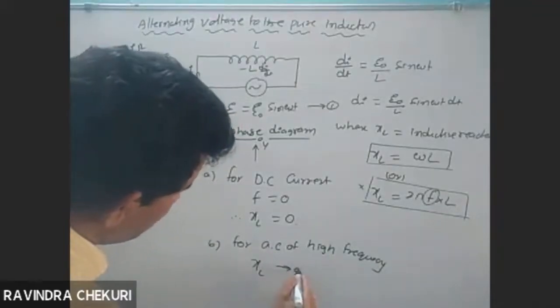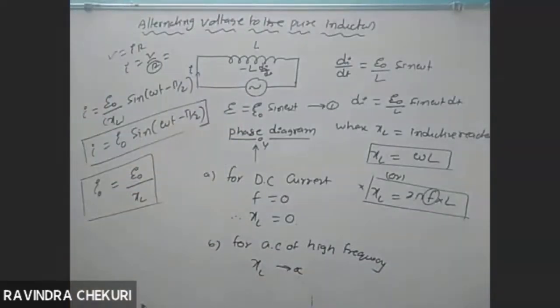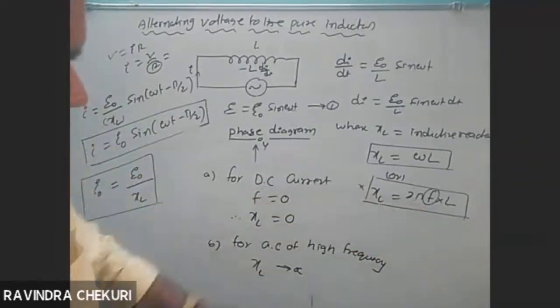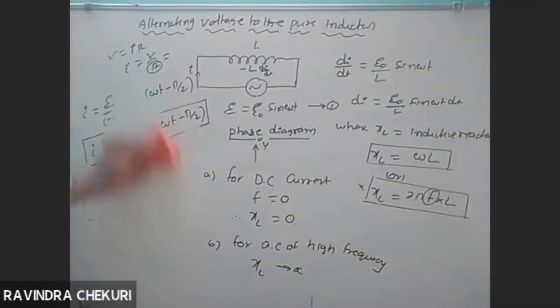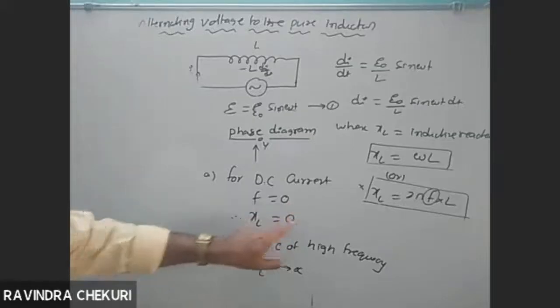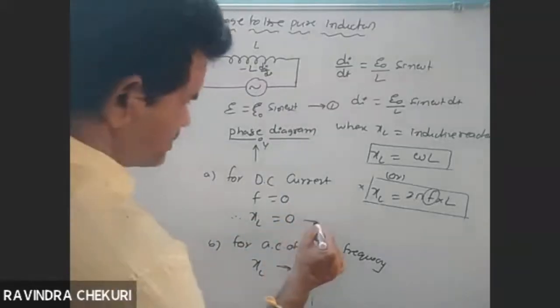XL is equal to infinite. High frequency means infinite frequency, XL also infinite. So what do you observe? For DC, frequency is 0, XL is 0. XL is 0 means no reactance.